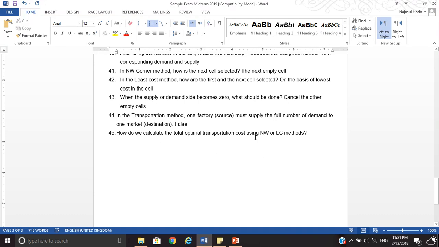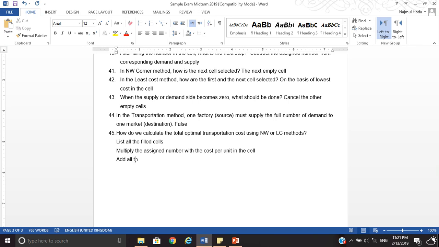How do we calculate the total optimal transportation cost using the northwest or least cost methods? First of all, we list all the filled cells, then multiply the assigned number with the cost per unit in the cell.